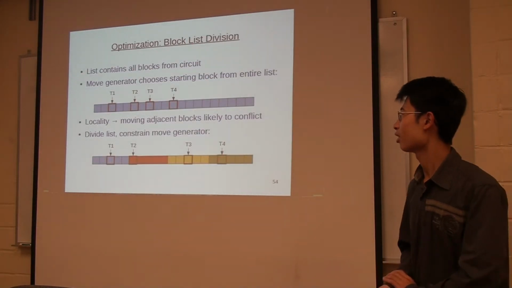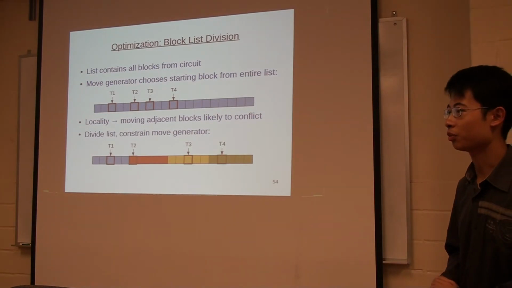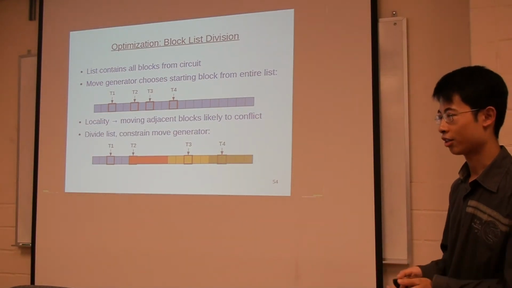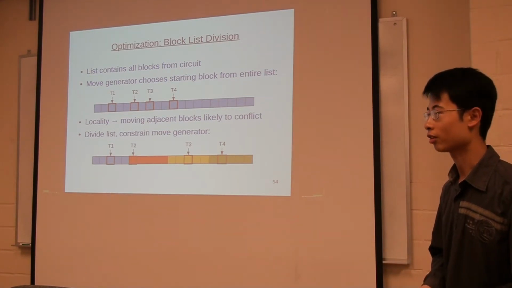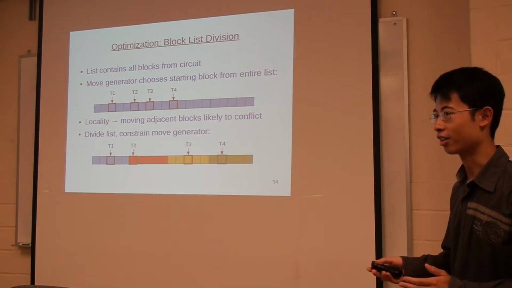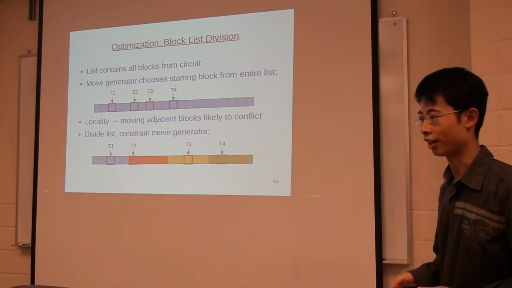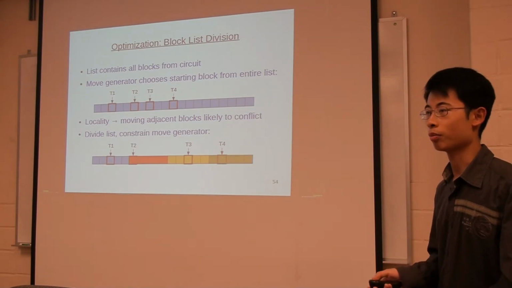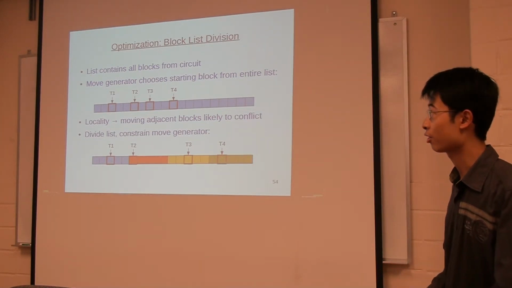Okay, another optimization technique we thought of was to divide the list of blocks used for choosing the starting block in a move. In VPR, there is a list that contains all the blocks in a circuit that can be moved, and the move generator, by default, just chooses a block at random from the entire list.